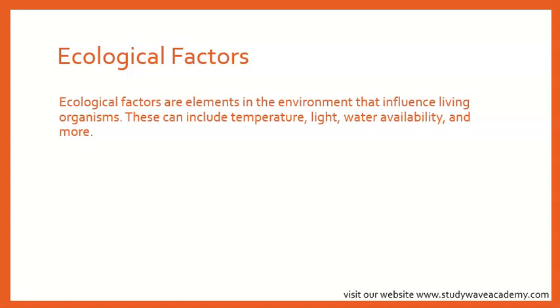Do you understand? Ecological factors are like the ingredients that make up the environment. They include things like water, sunlight, soil, air, food. Okay? These factors affect where and how different plants and animals can live.